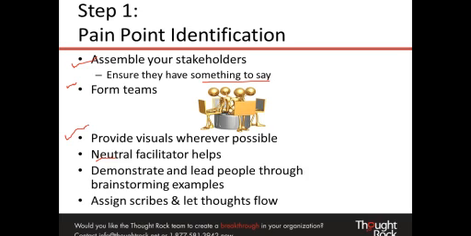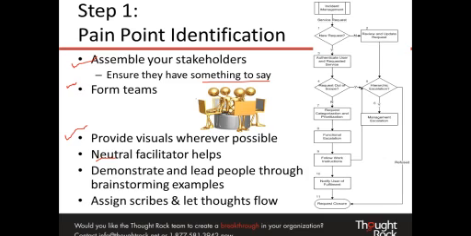So we assemble our teams here, and then the next little point we have down here, provide visuals wherever possible. So here we go. I've got somewhere here I have a visual showing up. There it is. So if we're doing some type of process improvement, here's the advantage of having a process flow diagram. You want to put it at the high level. If you're really going into a detailed pain point analysis, we can break it down to many of the sub-levels.